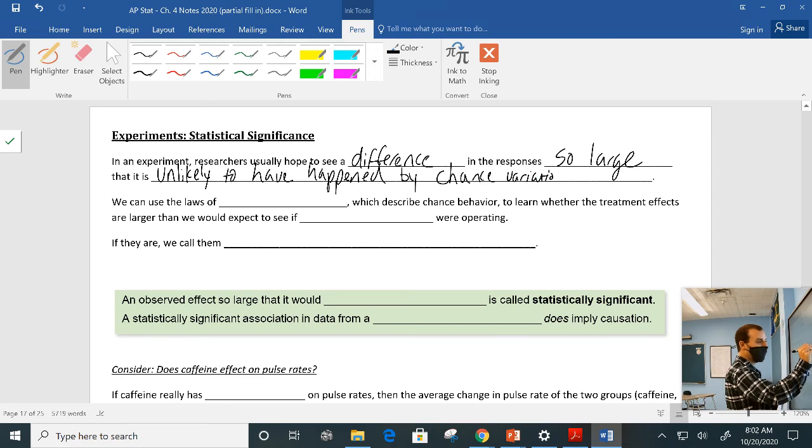So what this means is we're looking for a difference in our results so large that we can make that conclusion that this happened because of this. Remember, I can only show cause and effect in an experiment.